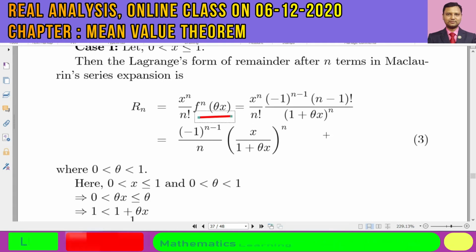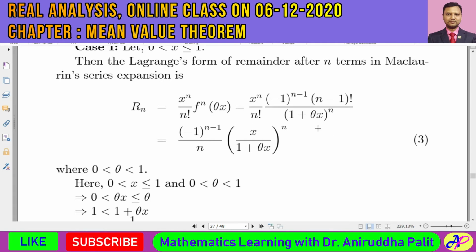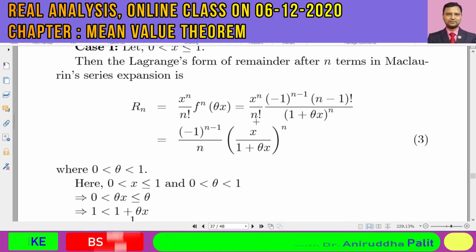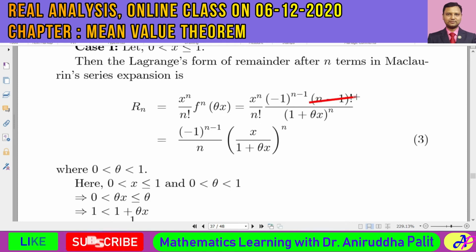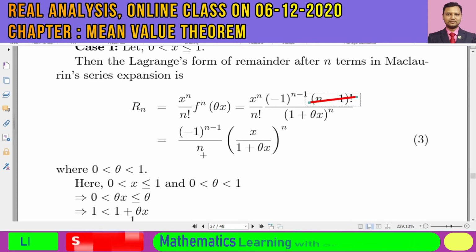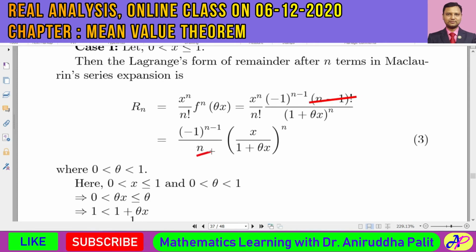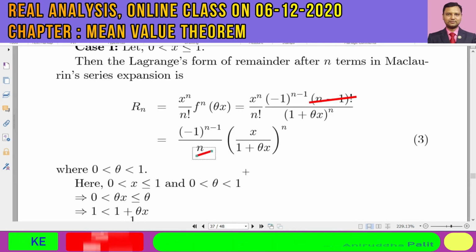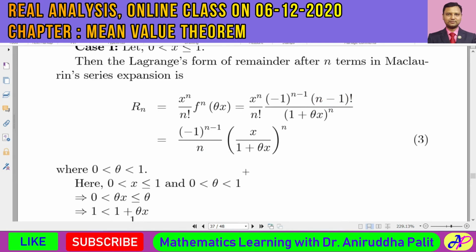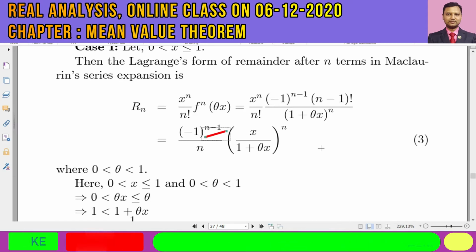Now look at this expression a little carefully. The factorial of n minus 1 will get cancelled with the factorial of n, leaving only one factor of n in the denominator. And this (-1) to the power of n minus 1 is kept as it is, not changed at all.